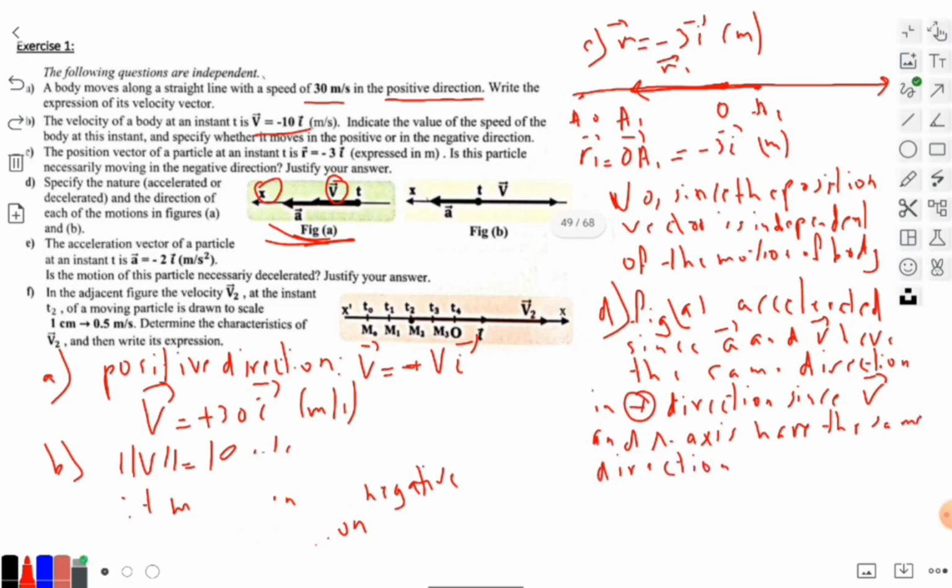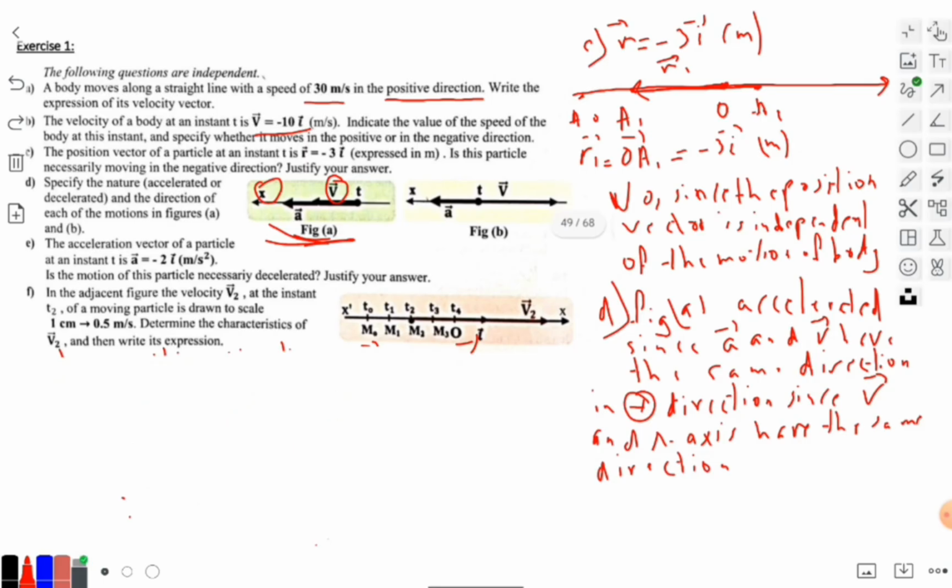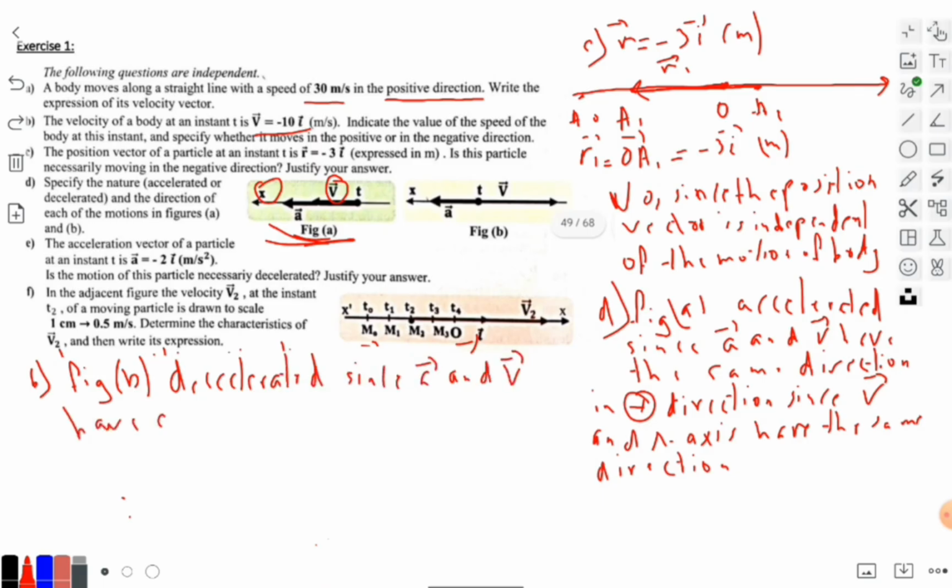Figure B now. The a vector and v vector have opposite directions, so it's decelerated, since the a vector and v vector have opposite directions. In which direction, positive or negative?